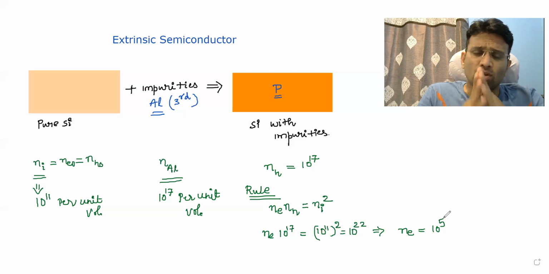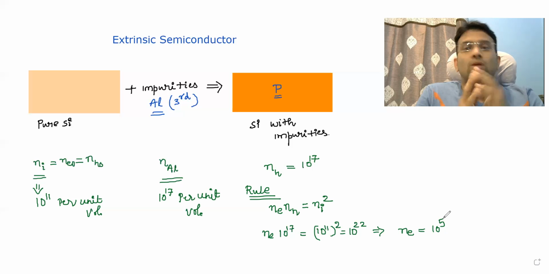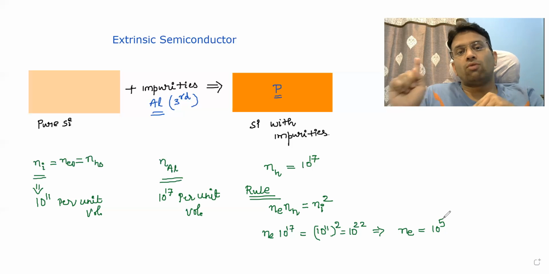So when you are discussing the p-type extrinsic semiconductor, the key points to remember: if you take an intrinsic semiconductor and add a third group element as impurity, you form a p-type semiconductor.